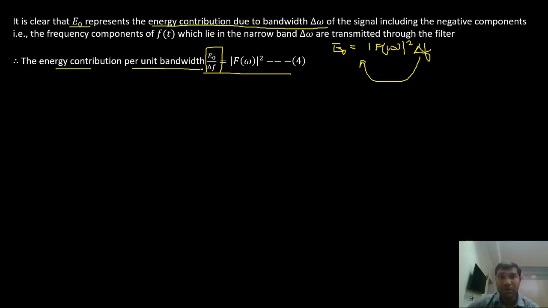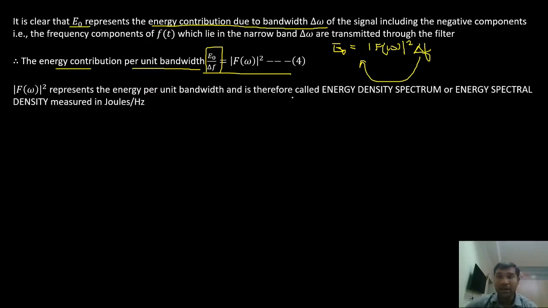My bandwidth is delta f and my total energy is E naught. So the total energy divided by bandwidth is nothing but energy per unit bandwidth. So energy per unit bandwidth is mod of f of omega whole square. This is nothing but my energy density spectrum or energy spectral density, right?